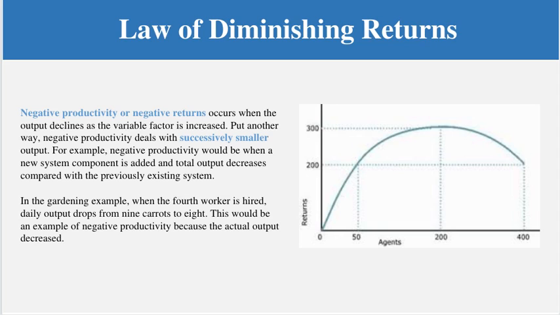For example, negative productivity would be when a new system component is added and the total output decreases compared with the previous existing system. Take an example: when the fourth worker is hired, the daily output drops from 9 crates to 8. This would be an example of negative productivity because the actual output decreases.